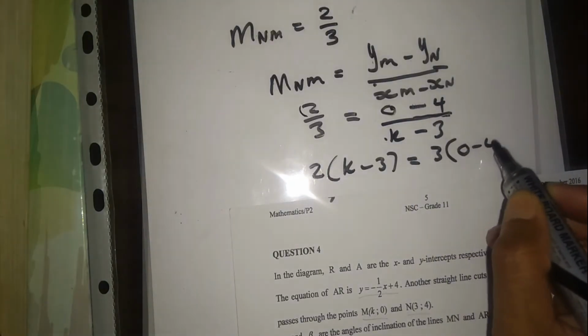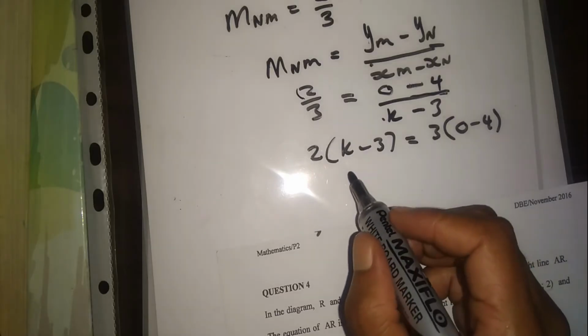So 2 times K minus 3 equals 3 times 0 minus 4. Let's solve these brackets: 2K minus 6, and 0 minus 12.